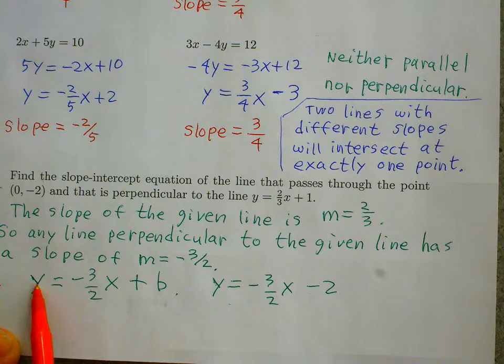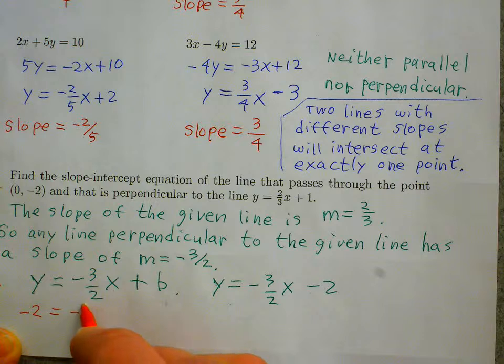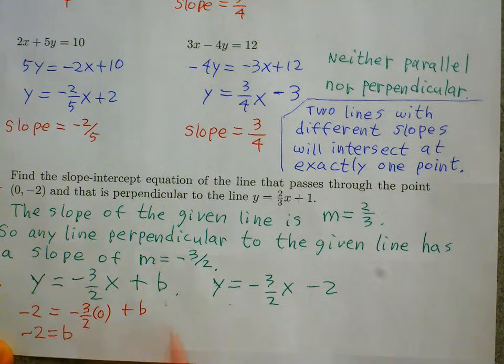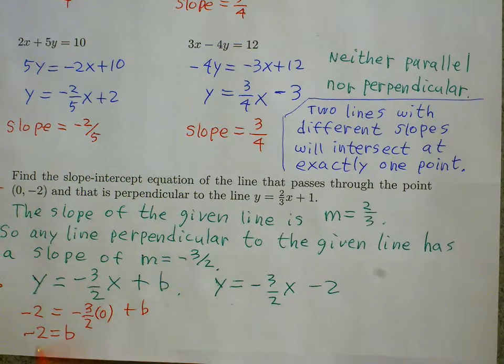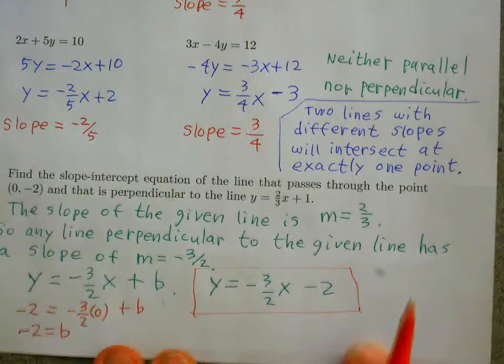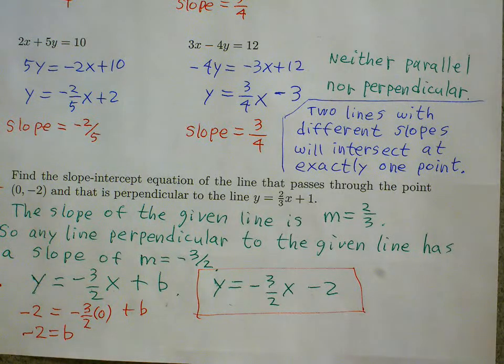So replace y with -2, replace x with 0, so we get -2 equals -3/2 times 0 plus b. But -3/2 times 0 is 0, so we get -2 equals b. And that is exactly what we already knew. If we replace b with -2, then we write the equation this way: y equals -3/2 x minus 2. Do you see how that works?